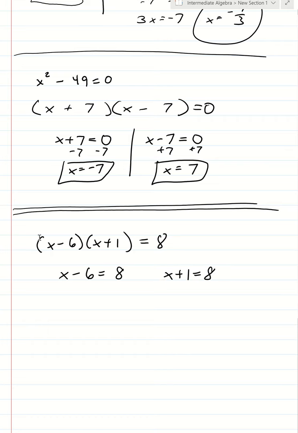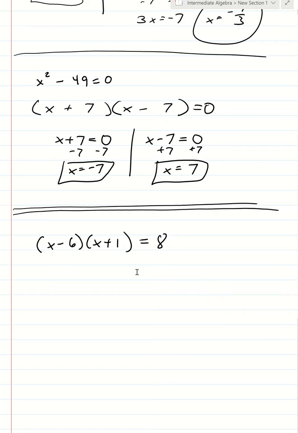Because we have a product here, we'll set each of these terms, like we did prior, equal to the number here, which happens to be 8. But that's incorrect. Remember what the property was called. It was called the zero product property. There was not an 8 product property. So we don't want to set just these factors equal to 8, unless we want to get it wrong. But who wants to do that?